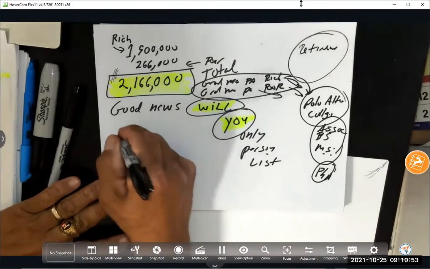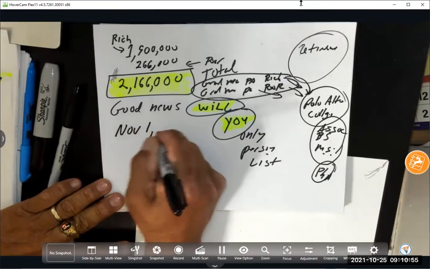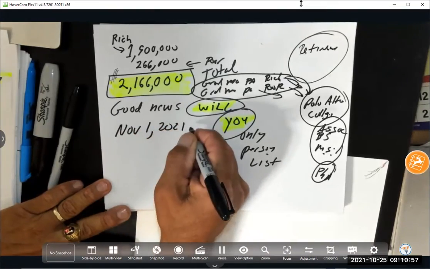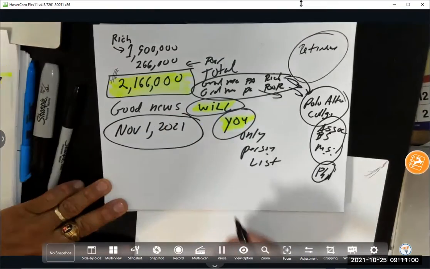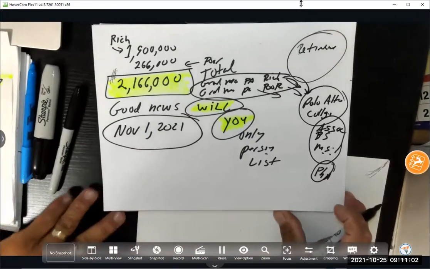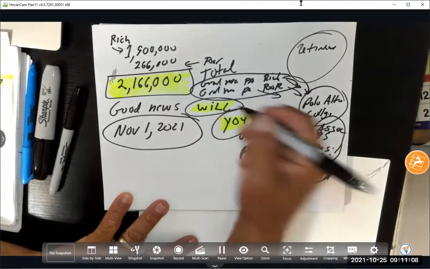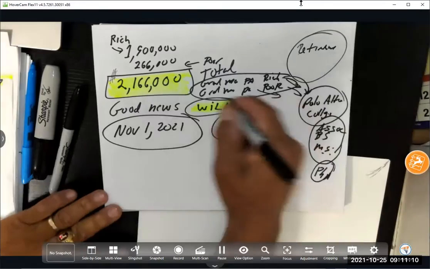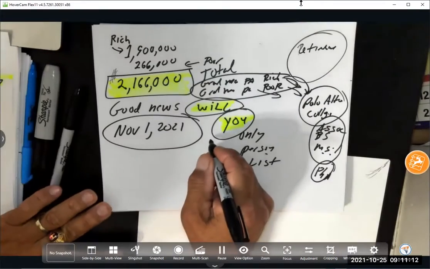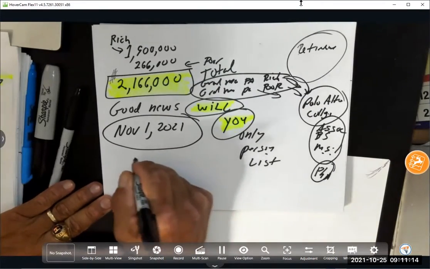So on November 1, 2021, you're gonna have money in your bank account. This is what they said, and the will says this: when they pass away, this money is yours.